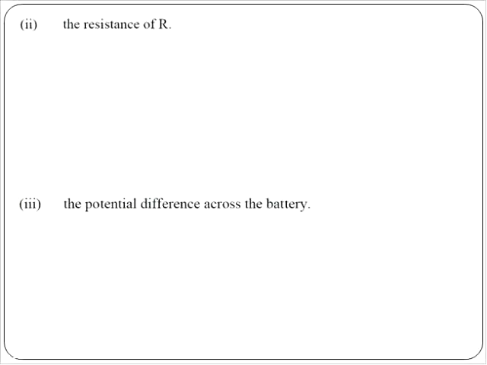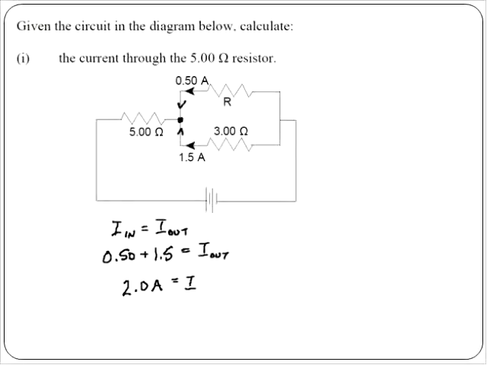And then the second part of this one asks us to find the resistance of R. So let's go back and look. I need to know this resistance right here. Well, there's a couple of ways to do that one.